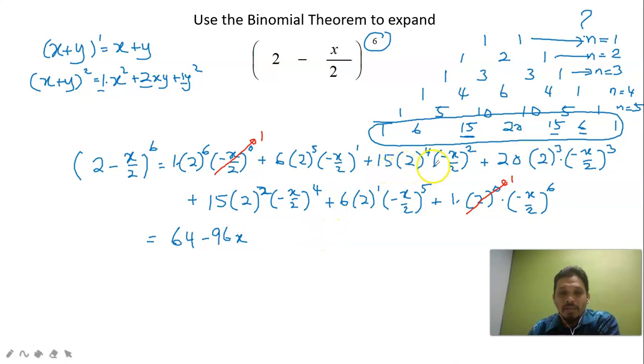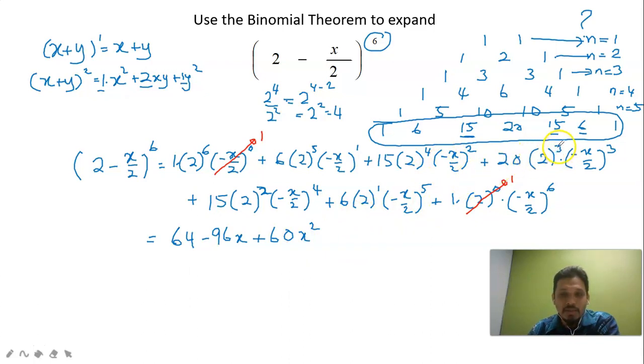Then, what about this one here? 2 to the power of 4 and 1 over 2 to the power of 2 is just 2 to the power of 4 divided by 2 squared, which is 2 to the power of 4 minus 2, equal to 2 squared, which is 4. So 4 times 15 equals 60, and negative x squared, a negative squared becomes positive, so 60x squared.